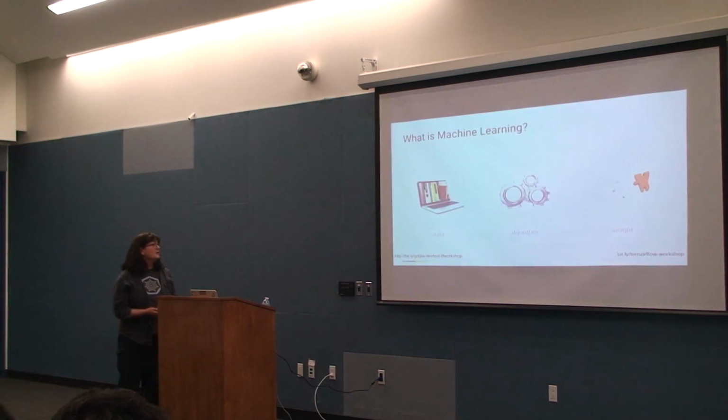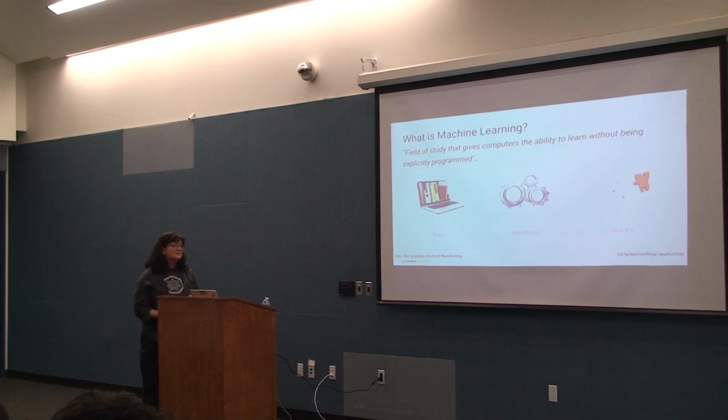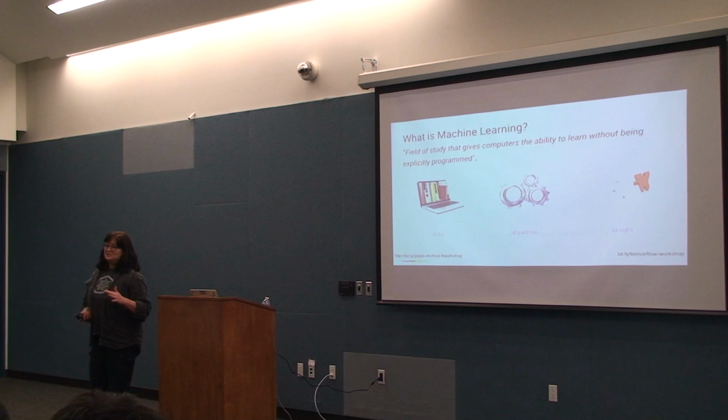All right. So you can think of machine learning very broadly as one way of getting insight from data. And I came up with a few different definitions. You could probably ask 10 different people what machine learning is and get 10 different answers.